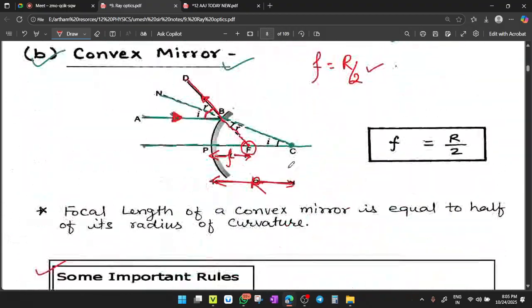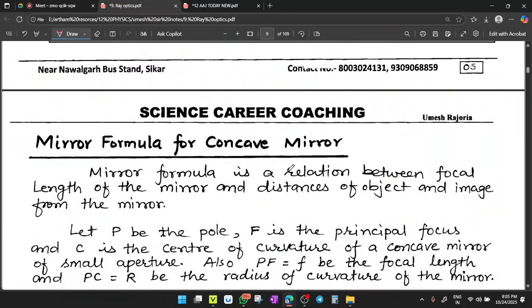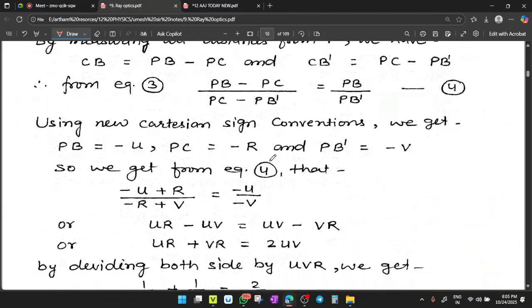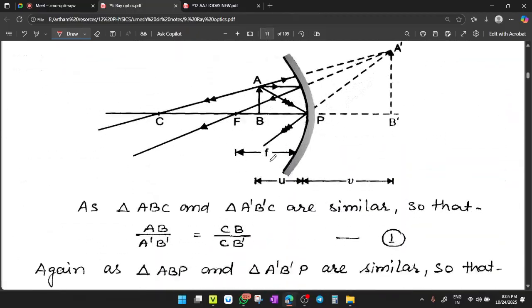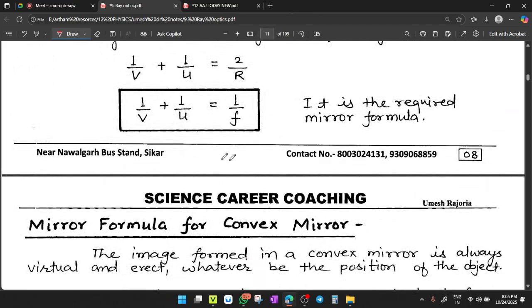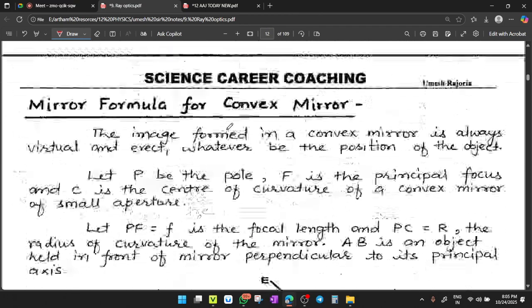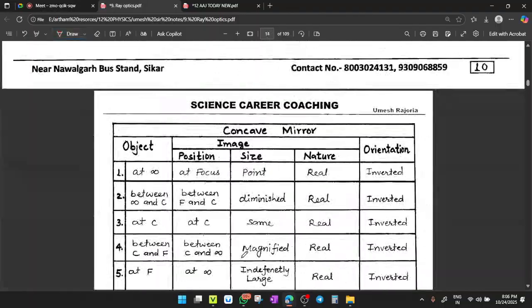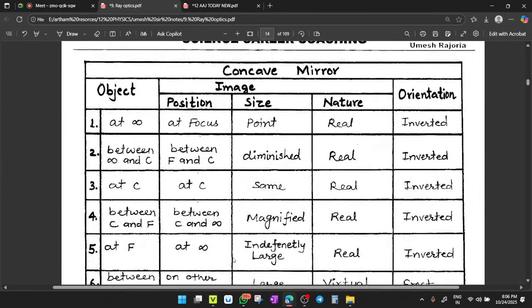Now our next derivation is the mirror formula for a concave mirror. You have to prove the mirror formula, which means 1 upon U plus 1 upon V equals 1 upon F. Okay, students, in class 10th you must have read this table.